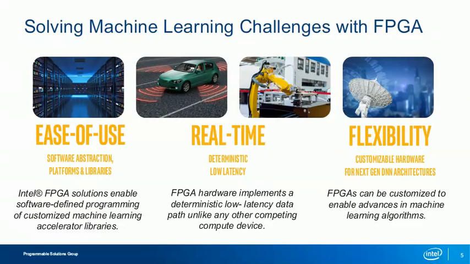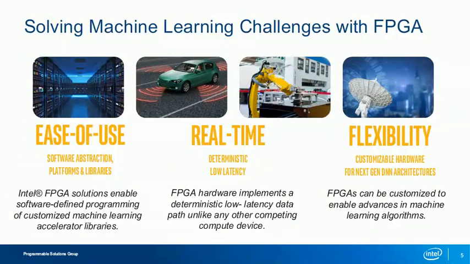There are many advantages of using FPGAs to solve machine learning inference challenges. Intel FPGAs are inherently designed for low latency, high throughput, power efficiency, and flexibility. And it's unique from CPUs and GPUs in its ability to be customized based on these design pillars. When integrated into the Intel AI software solutions, platforms, and libraries, FPGAs are just as easy to deploy as other architectures.